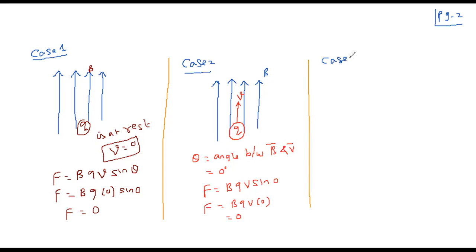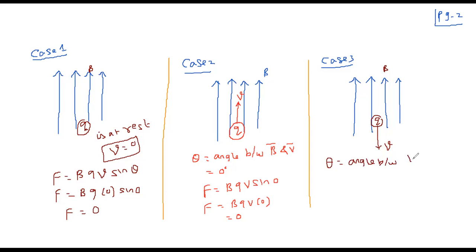In case 3, again there is a magnetic field and the charged particle is moving opposite to the magnetic field. What is the angle between velocity and magnetic field?